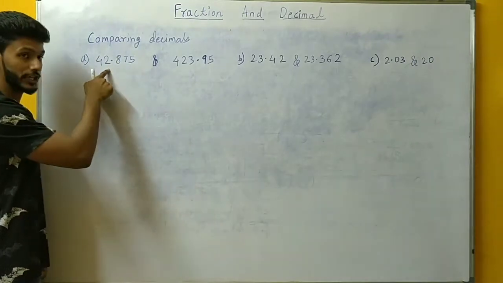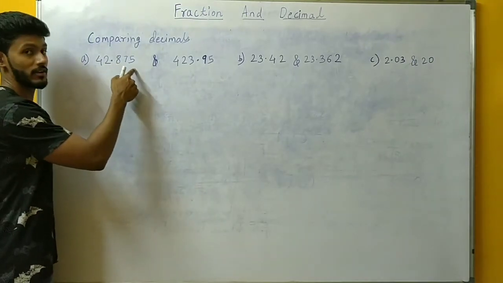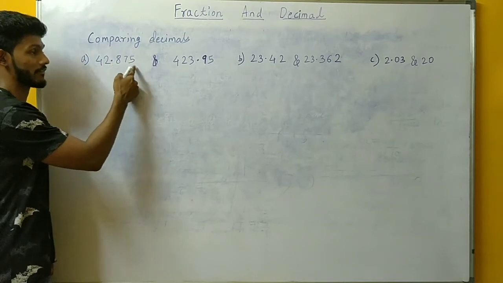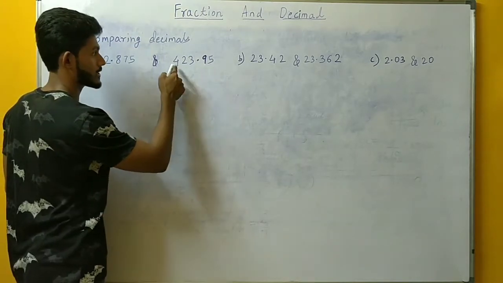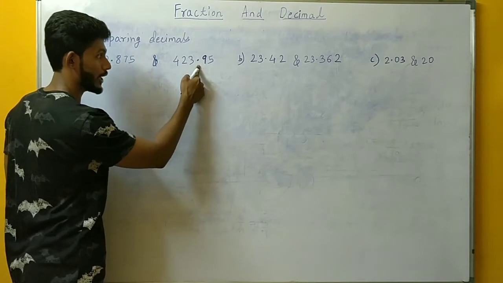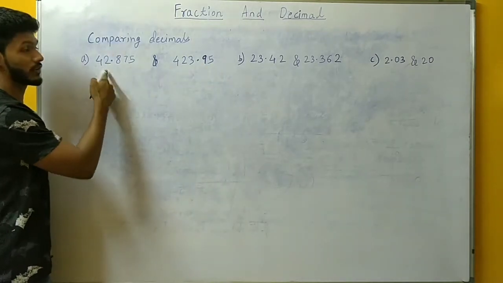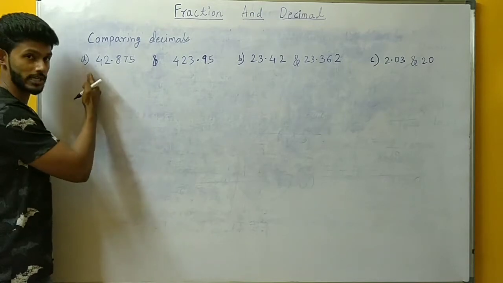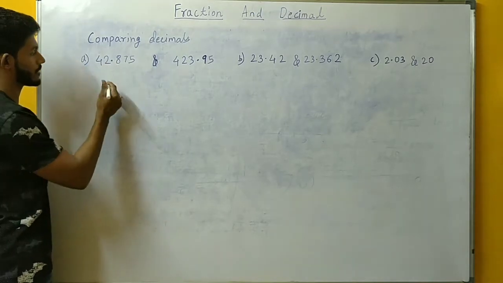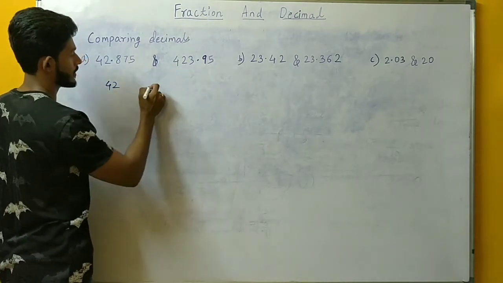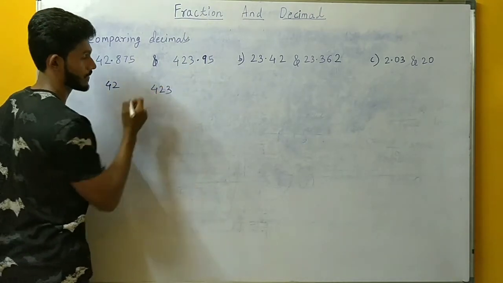This number is 42.875, we read it as 42.875, and we read this number as 423.95. First we compare the numbers before the decimal point: here we have 42, and over here we have 423.